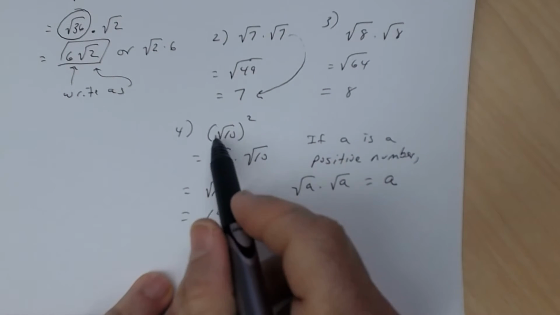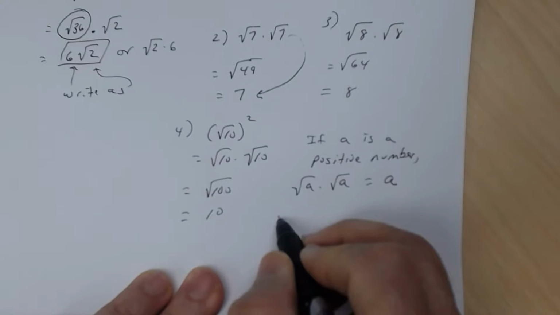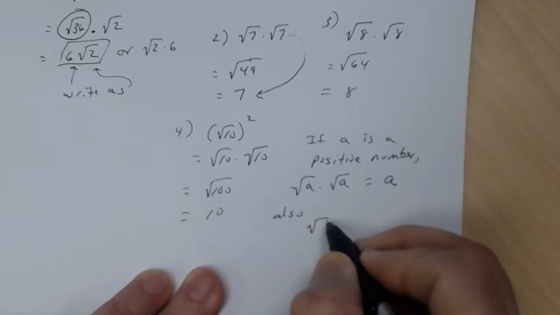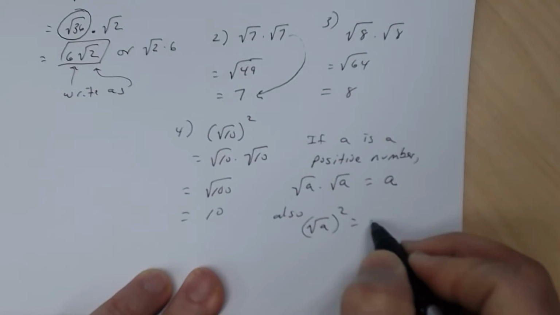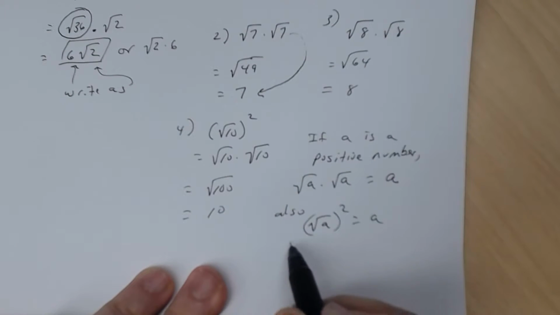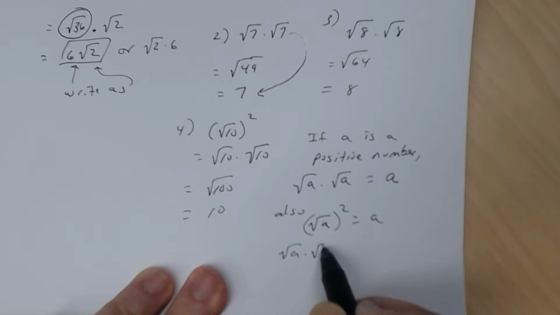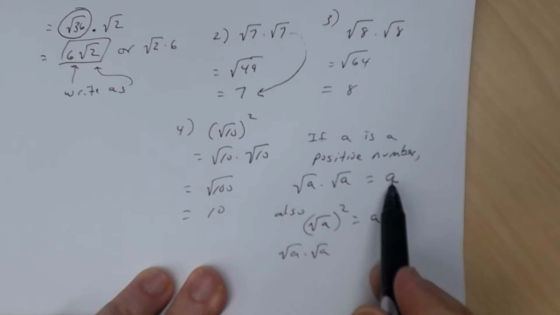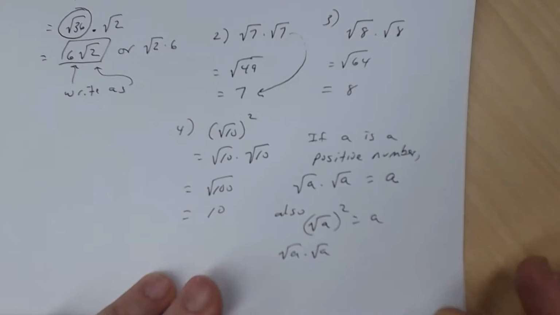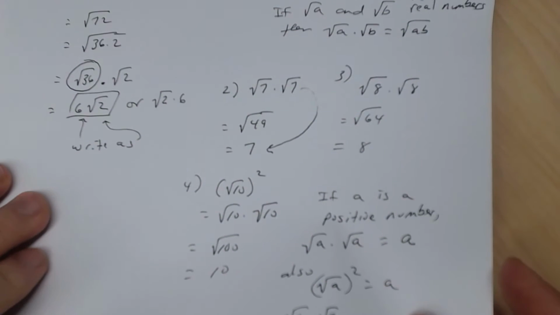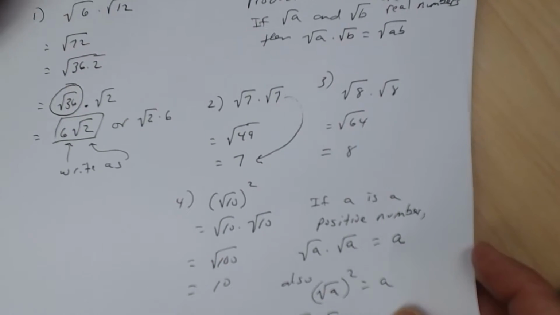The same thing is true here. Also, the square root of A squared is just A, because the square root of A squared means the square root of A times the square root of A, which is what we saw here, and that's just A.